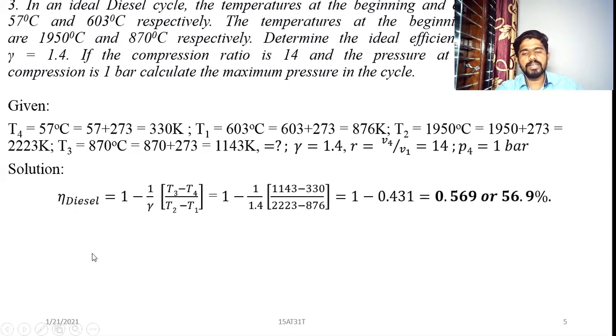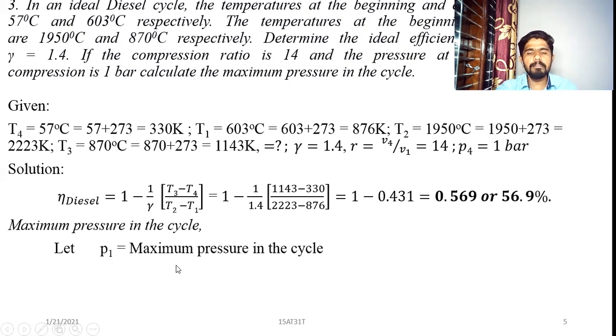You know that the efficiency of the diesel cycle is equal to 1 minus 1 by gamma into (T3 minus T4) divided by (T2 minus T1), that is equal to 1 minus 1 by 1.4 into (1143 minus 330) divided by (2223 minus 876), that is equal to 1 minus 0.431, that is equal to 0.569, or you can say 56.9%.